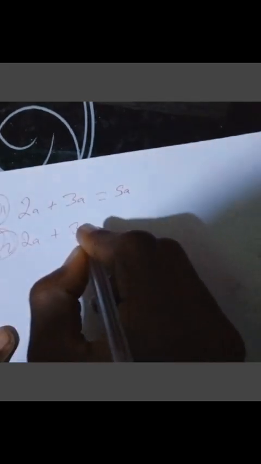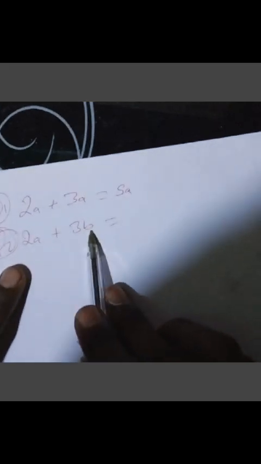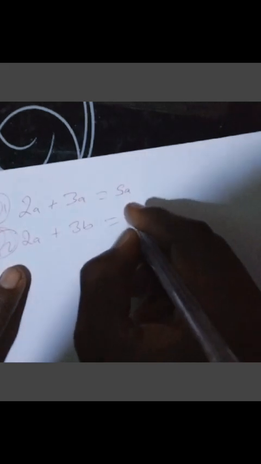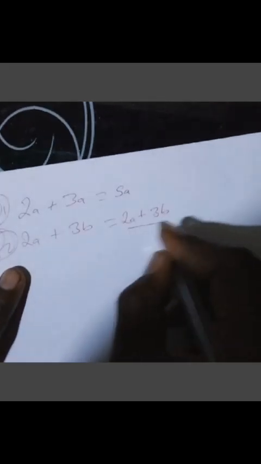But in question 2, I have 2A plus 3B. Let's assume A is apple and B is bananas. We cannot add two different letters. Saying 2A plus 3B gives us 5AB is wrong. Instead, 2A plus 3B should be our answer.